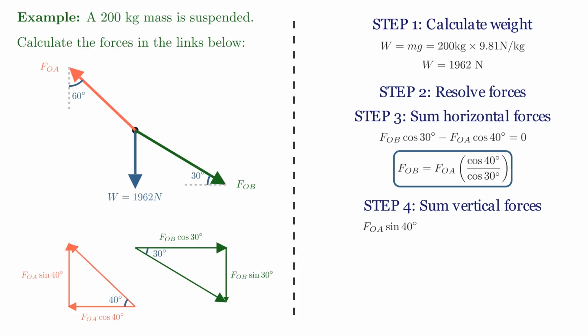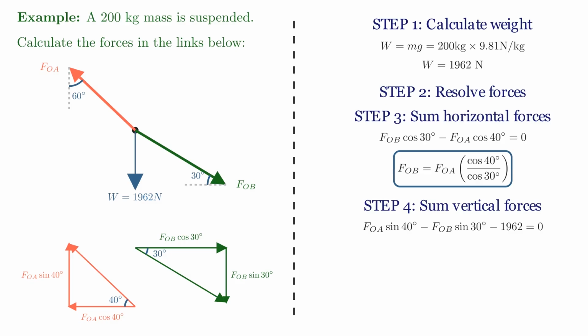So that FOB is going down and to the right. So that vertical component is going to give us minus FOB sine 30. And we also have the W going down, so that is minus 1962. And we know that the sum of the forces in the vertical direction equals 0. So this gives us our second equation, FOA sine 40 minus FOB sine 30 minus 1962 equals 0.